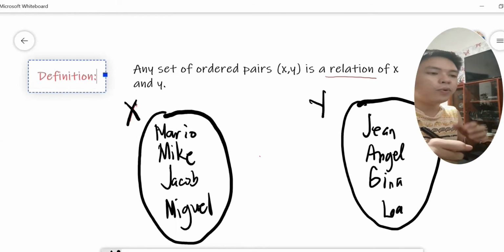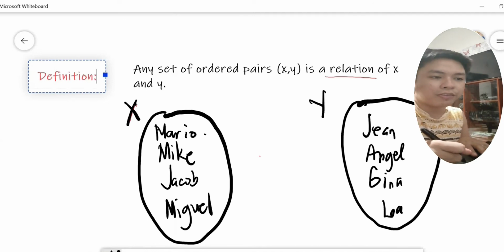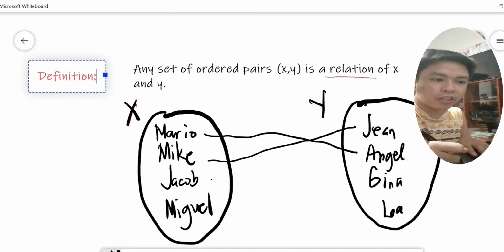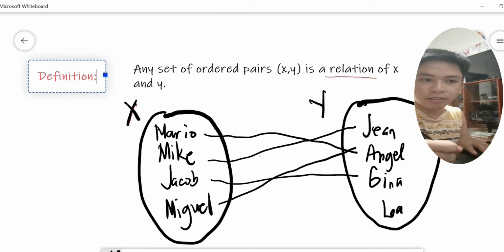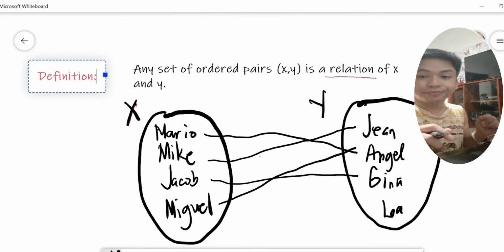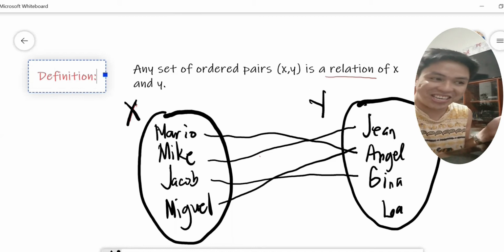Now, suppose Mario is in a relationship with Angel, Mike is in a relationship with Jean, Jacob is in a relationship with Gina, and Miguel has a secret affair with Angel. So let's assume, for example, that Angel is a two-timer here.